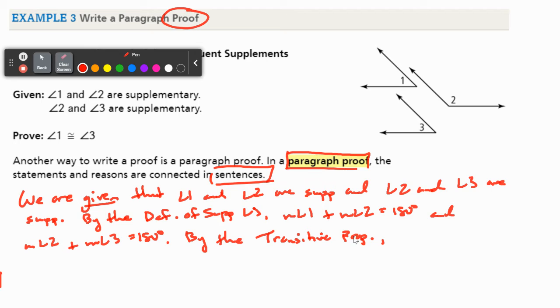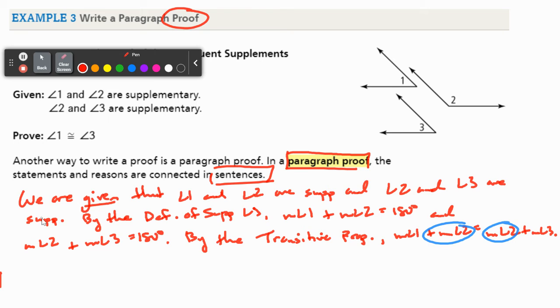By the transitive property, we can now say that the measure of angle 1 plus the measure of angle 2 equals the measure of angle 2 plus the measure of angle 3. Right? Well, again, see that familiar measure of angle 2 on both sides, plus the measure of angle 2.